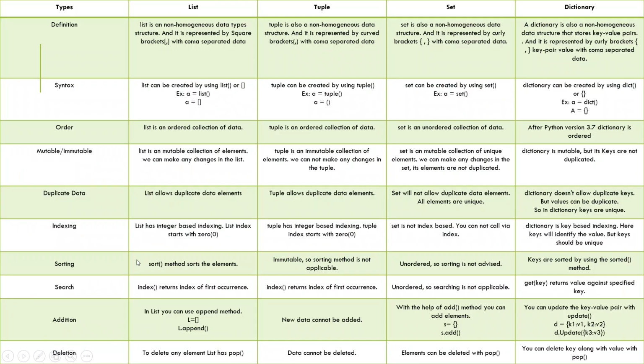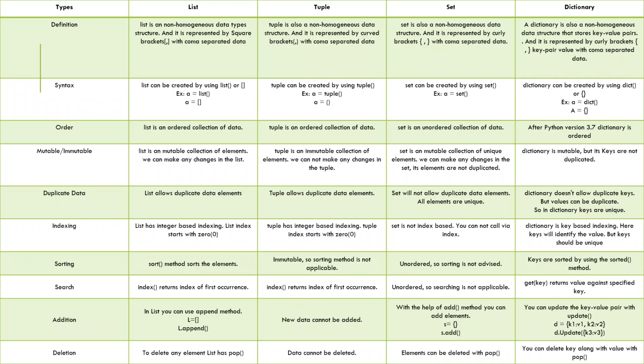Okay, search. As I mentioned, list is index based, integer based index. We have the function index, which returns the index of the first occurrence. In tuple also we have index.